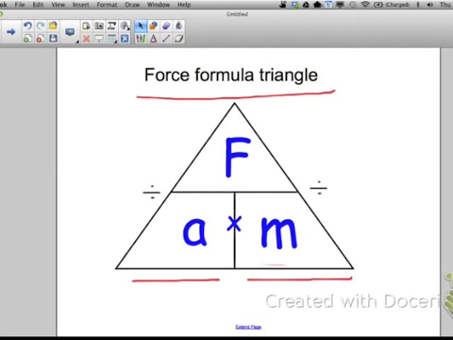So if I'm trying to find what's on the bottom, these guys, I simply do a division problem: force divided by mass or force divided by acceleration. And if I'm trying to find the force, I just use my regular mass times acceleration problem.